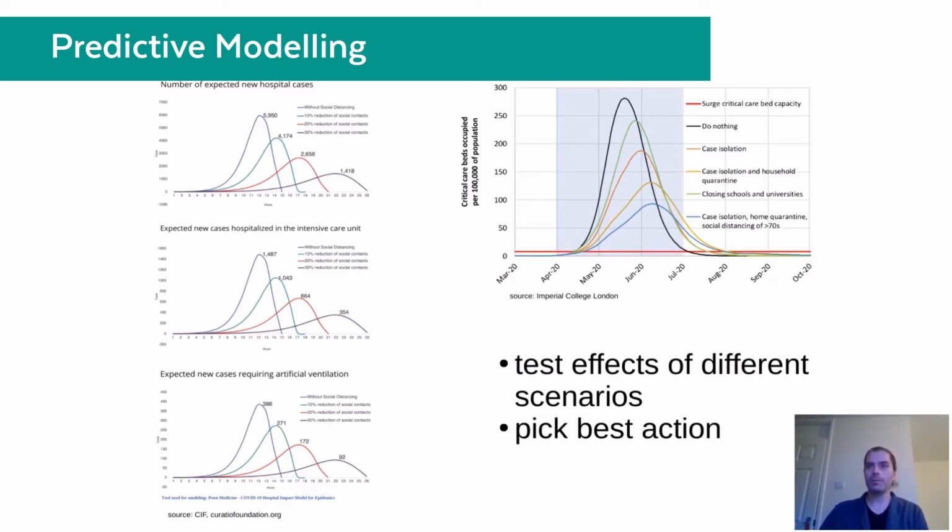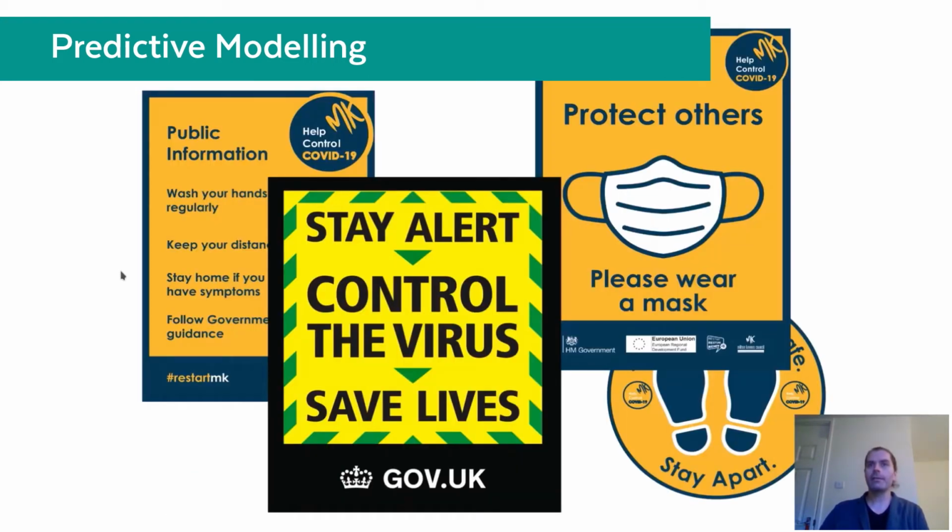So what they do is they use that model, they plug in different initial conditions, then test how the pandemic evolves and see which scenario works best under given boundary conditions. And from that they can then deduce which measures to take.